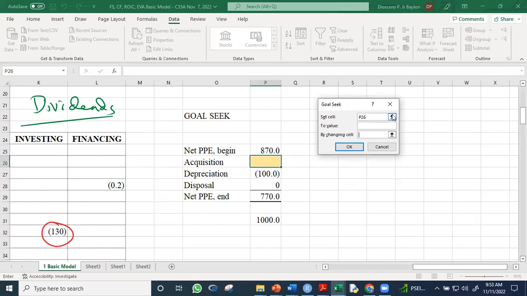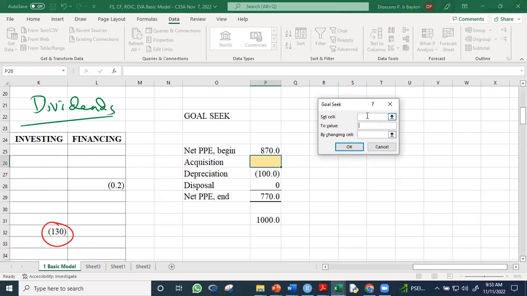Now you see that these two cells, the set cell and the by changing cell, have icons here, either a spreadsheet or an arrow. This means that this should be linked to your model. On the other hand, to what value does not have a spreadsheet icon here, which means that the value here should be typed.